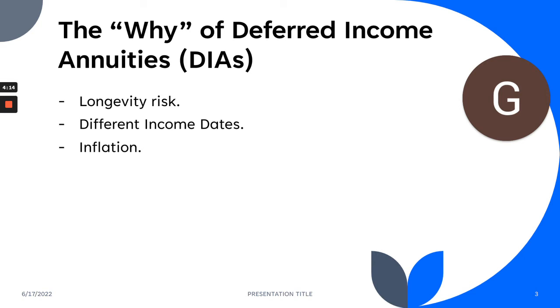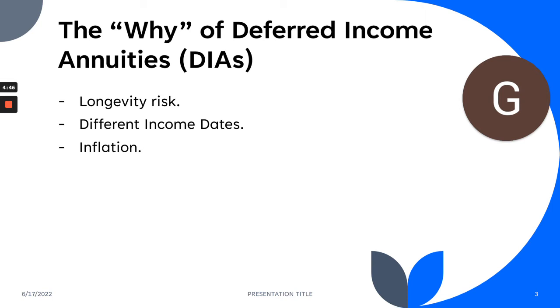What this allows you to do is, if you have an annuity starting date set for sometime in the future but you need the money today, you can actually alter that income date so you can receive a portion of your money today, get an income date going, and then receive the remaining part of your stream of income at some time in the future. So it allows you to have some flexibility when it comes to selecting the income payment start dates.